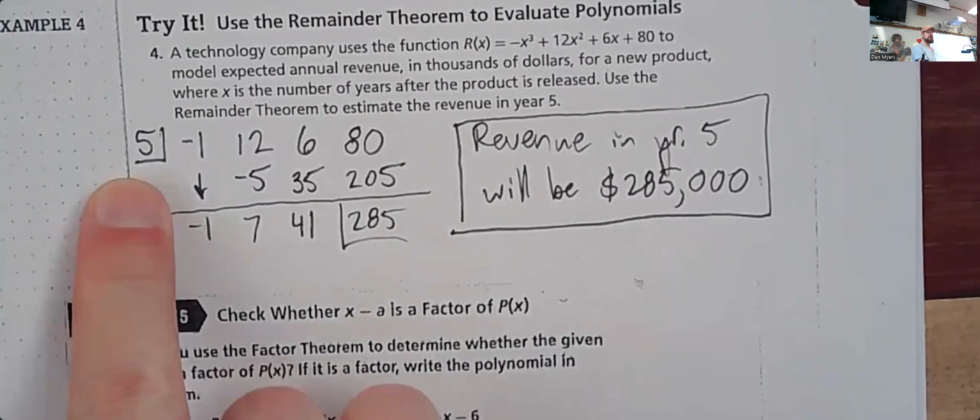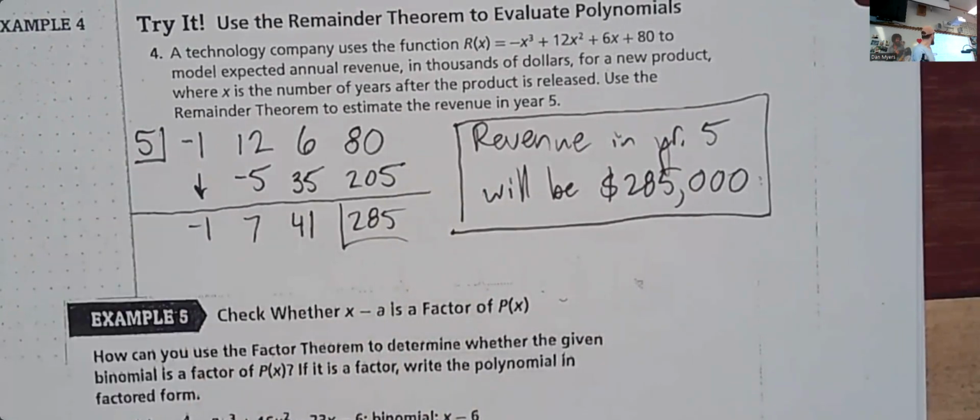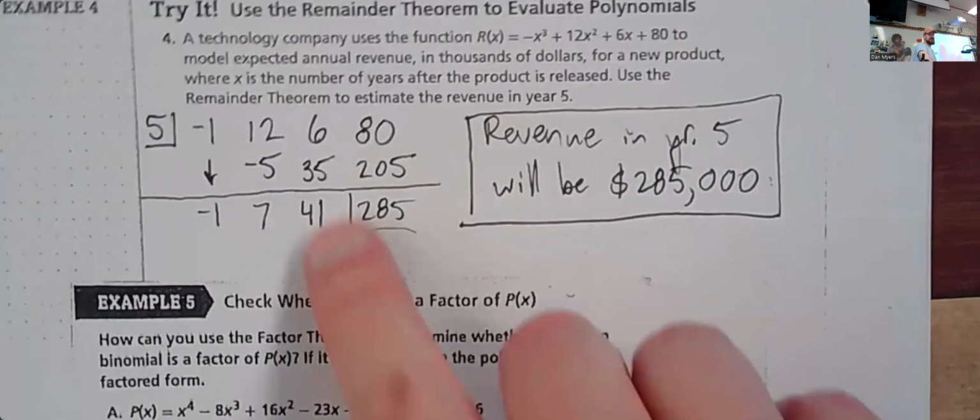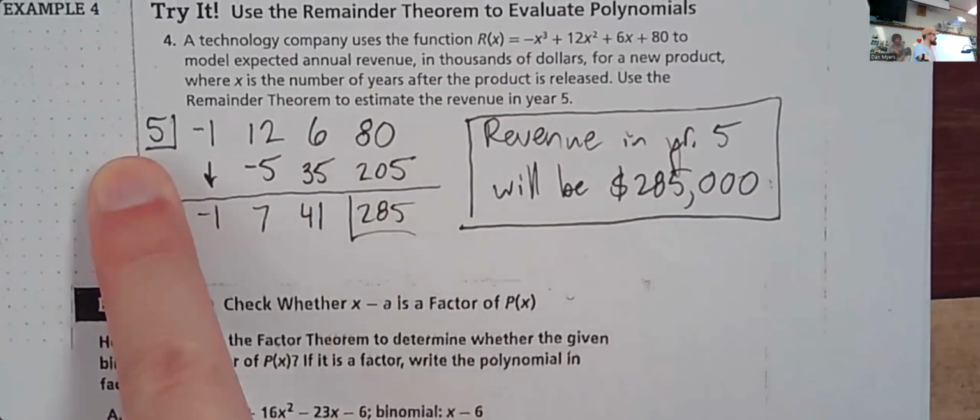Oh, yeah, it's a positive 5. That's just a 5. This one was -5, but we added it to the 12 or subtracted from 12 to get 7, but this 5 over here was positive.